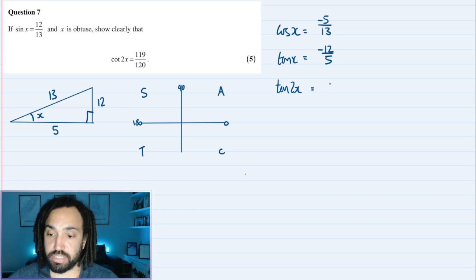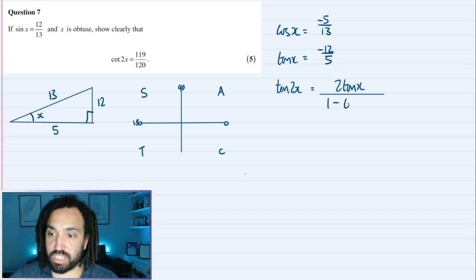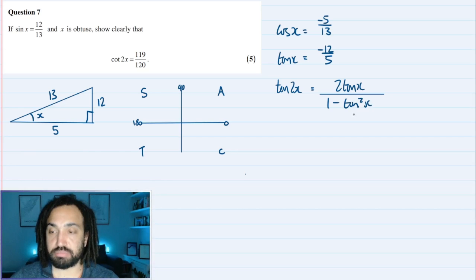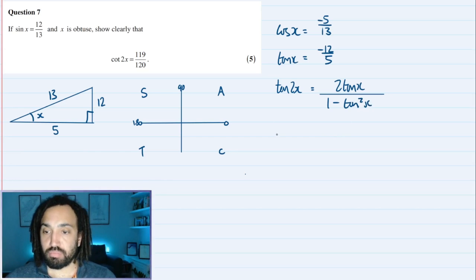And it is 2 tan x over 1 minus tan squared x. Okay, great.